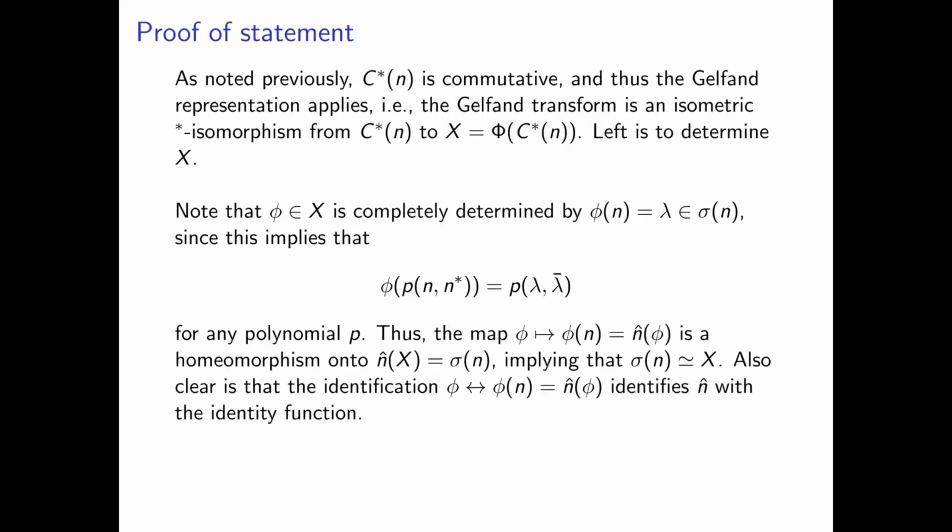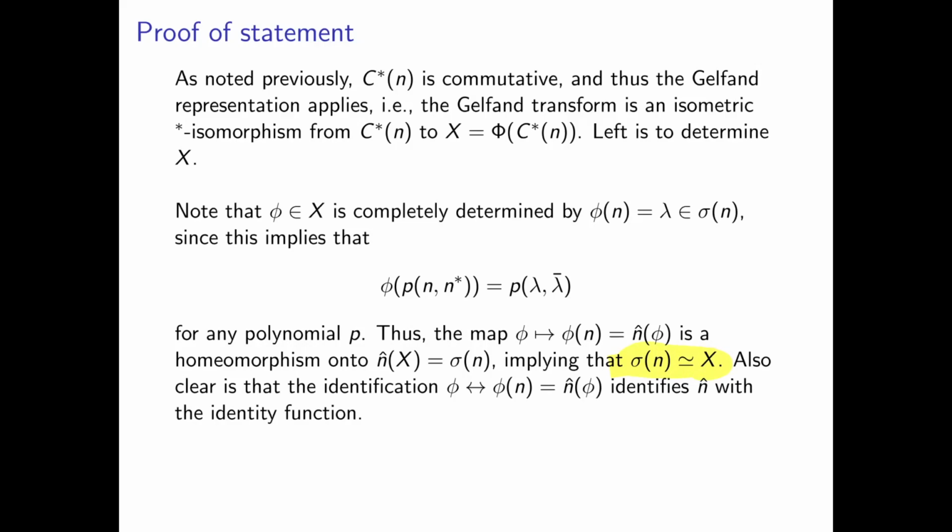And thus, the map that takes a character to its value at n, which is also coincidentally equal to n hat evaluated at phi, that map is a homeomorphism onto the spectrum. Or if you have 0 in the spectrum, then you have to be a bit careful here, but basically this is it, implying that this space is really equal to the spectrum that we began with.